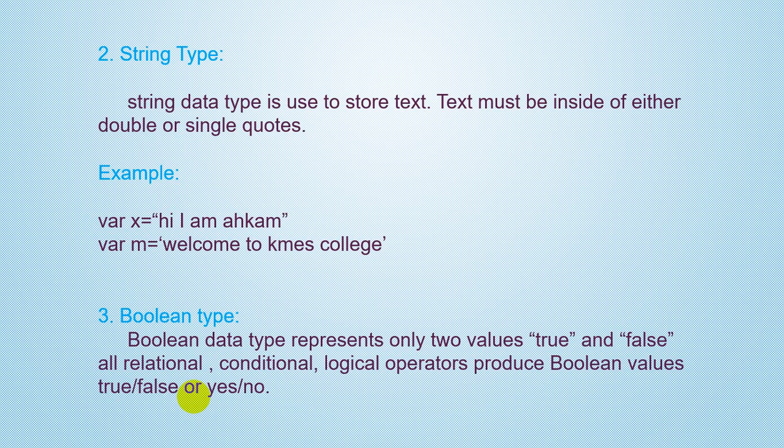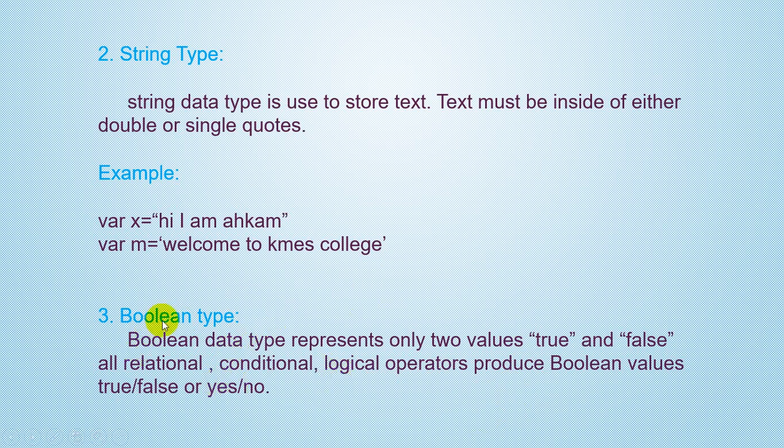Sometimes if you are online, your status could be online or offline. So these are two possible values which you can store, and that value belongs to the boolean data type. Okay, are you getting my point?